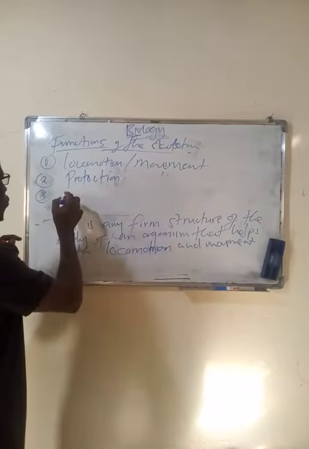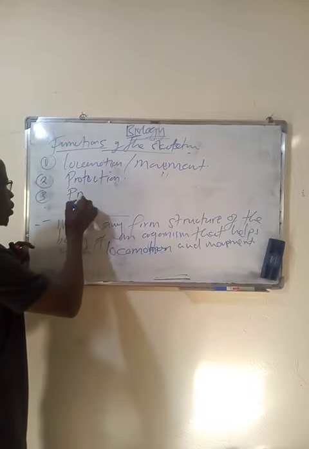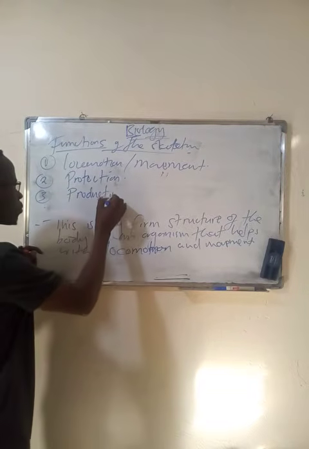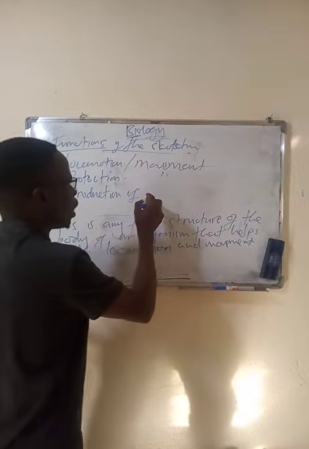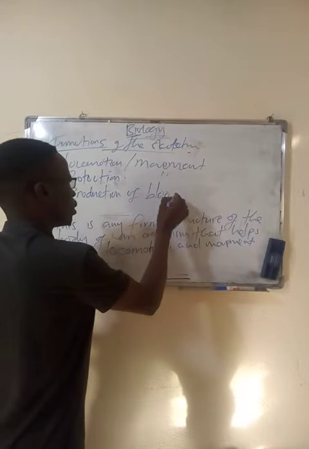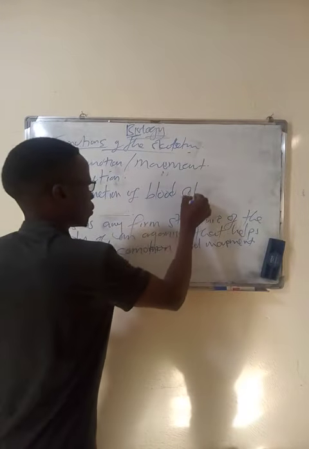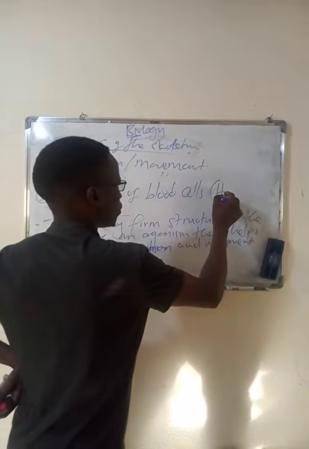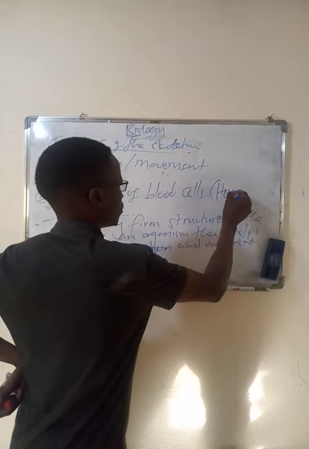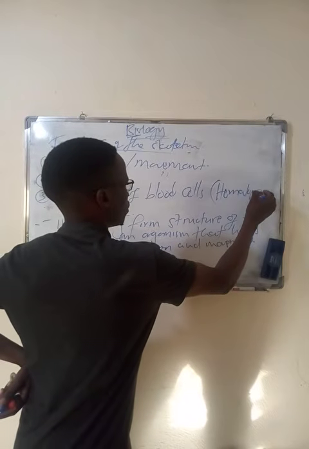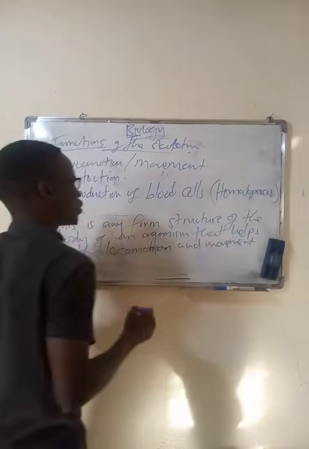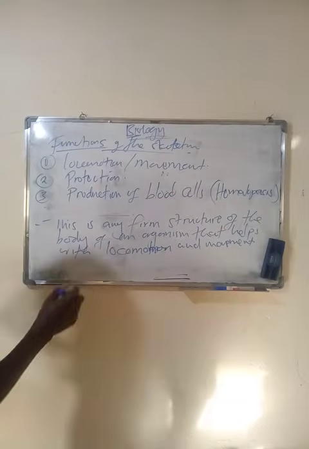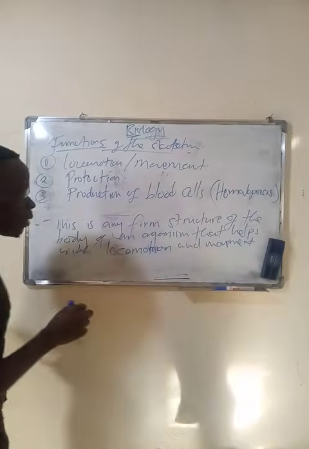So I'm going to say production of blood cells. Of course, this is hemopoiesis anyway, or rather hematopoiesis, but that is not necessary for you at this point. So, production of blood cells.